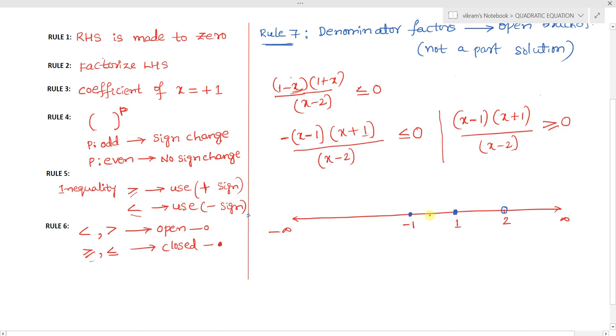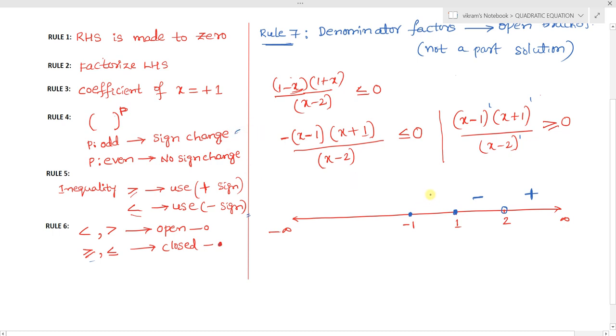Then what is the next step? To the right of the rightmost root, 2 being the rightmost root, we represent plus. Clearly every factor has power 1. At 2, x minus 2 has power 1, so the sign changes and it is minus. At 1, x minus 1 has an odd power, so the sign changes.